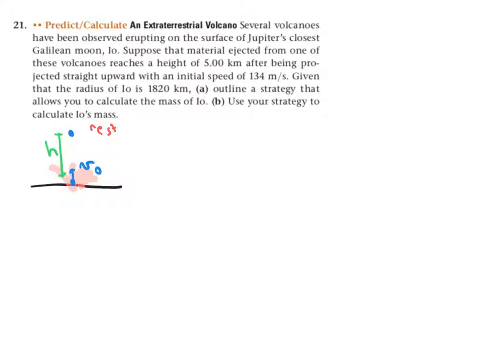So we're just going to do an energy conservation calculation, and we're going to say that the energy at the start is the energy at the end. At the start, it has 1/2 times its mass times the initial velocity squared, and at the end, it has its mass times g of Io times the height. No potential energy at the start, no kinetic energy at the end.